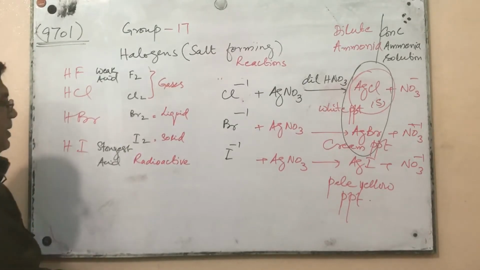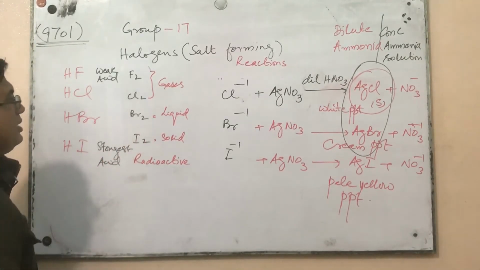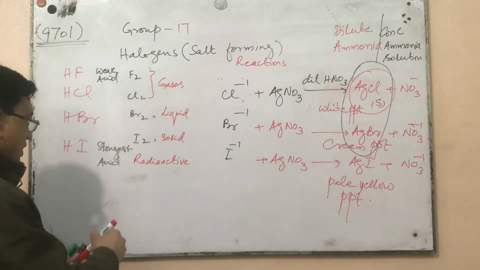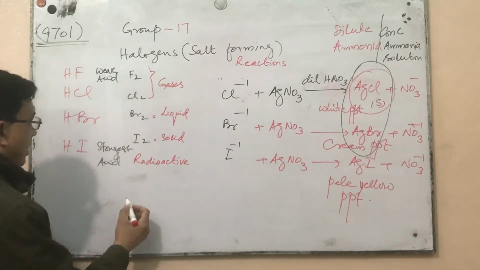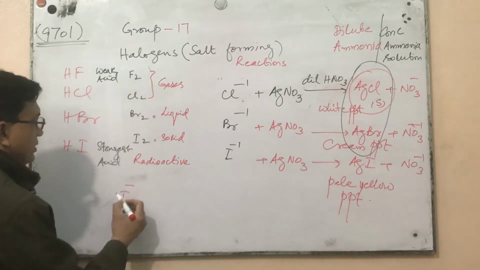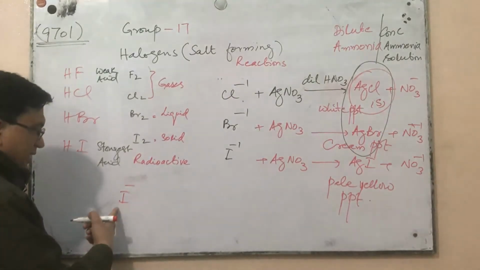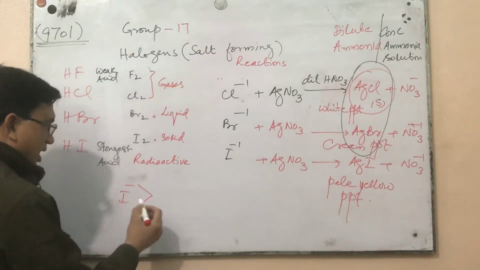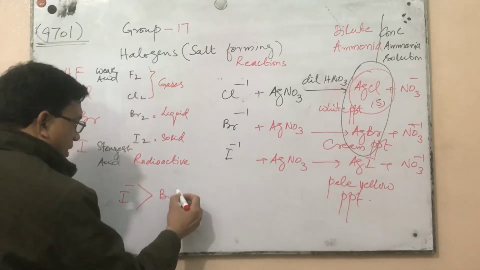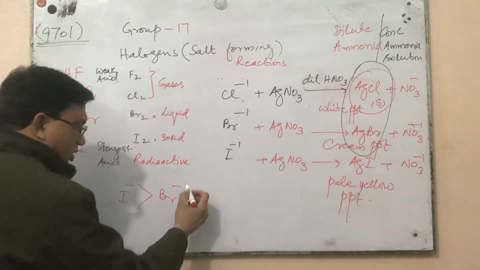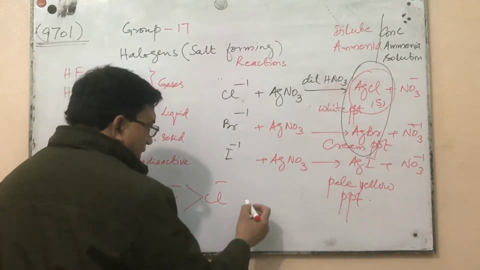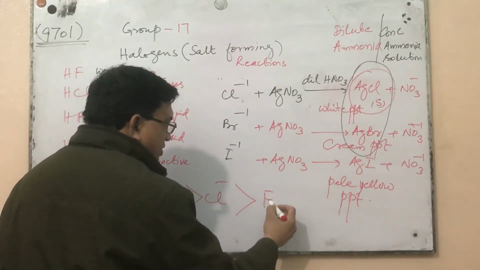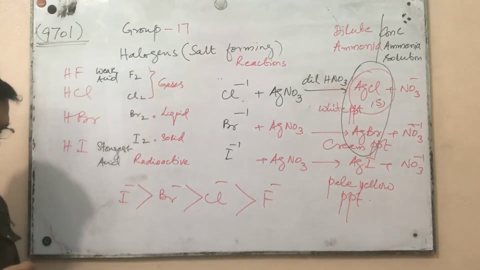Similarly, if we compare all these halides, their nature, then we can say that iodide ion is a stronger reducing agent than bromide ion. Bromide ion is a stronger reducing agent than chloride ion, and chloride ion is a stronger reducing agent than fluoride ion.